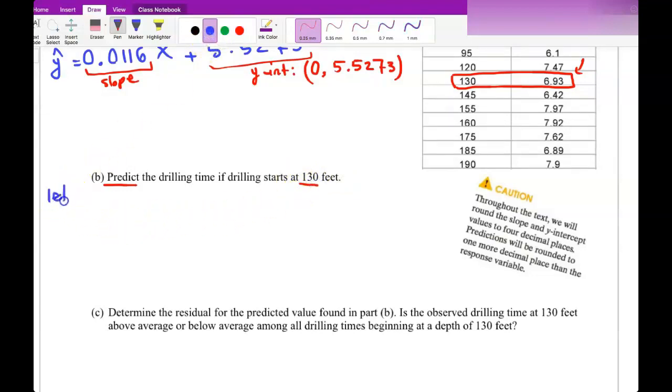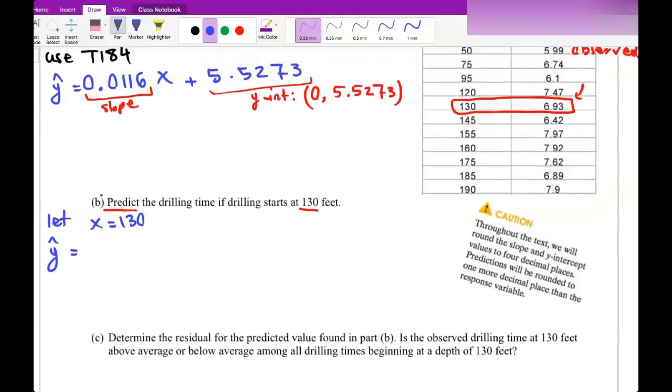So let x equal to 130 and y hat is equal to our line from part A. So multiply by 130, then plus 5.5273.